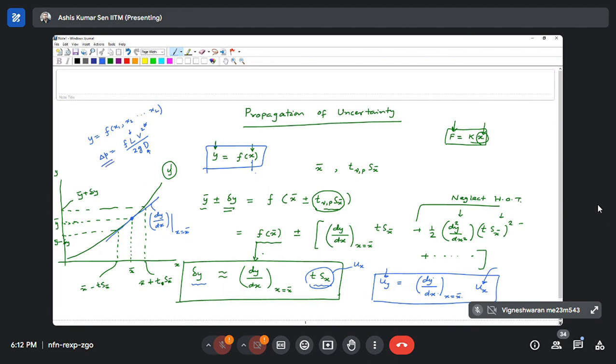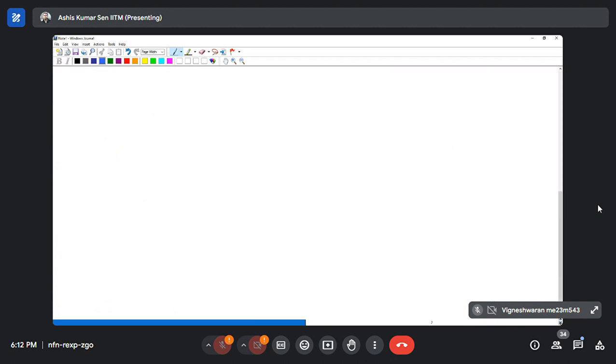So how do we estimate in that case? That is the question. So let's say we have some kind of dependent variable, let's say R, which is a function of L different independent variables up to xL.